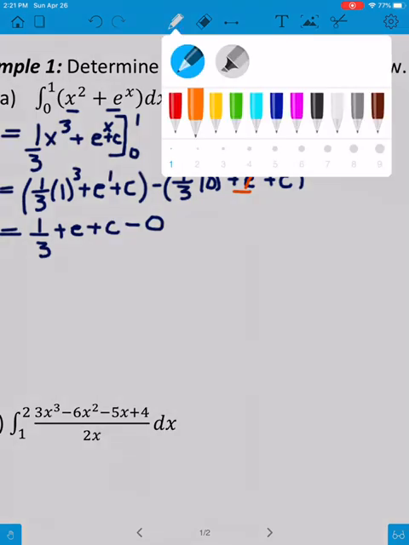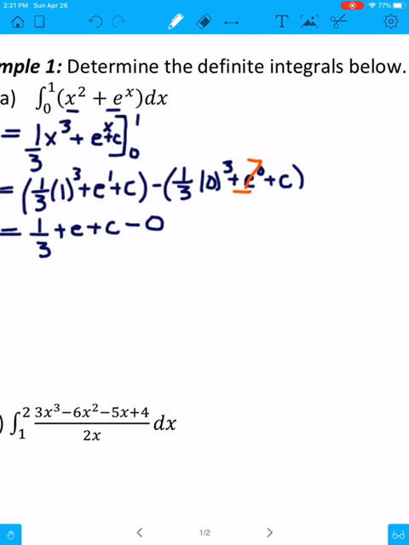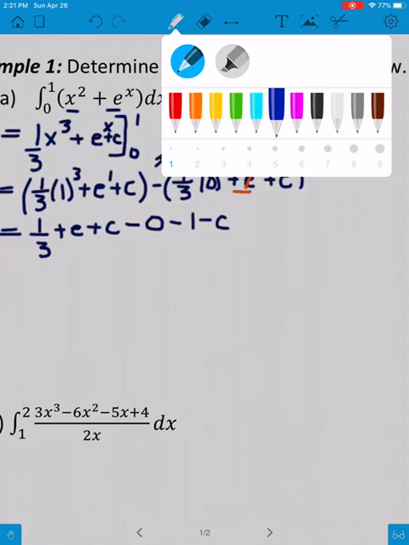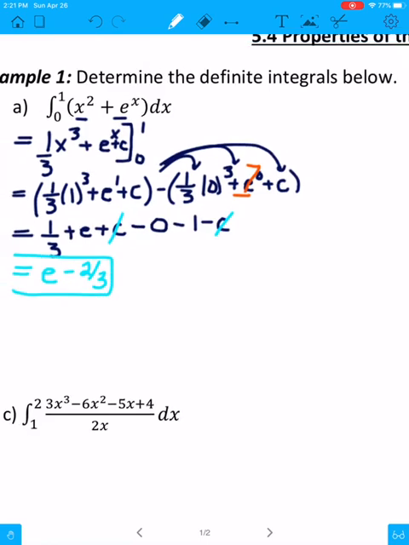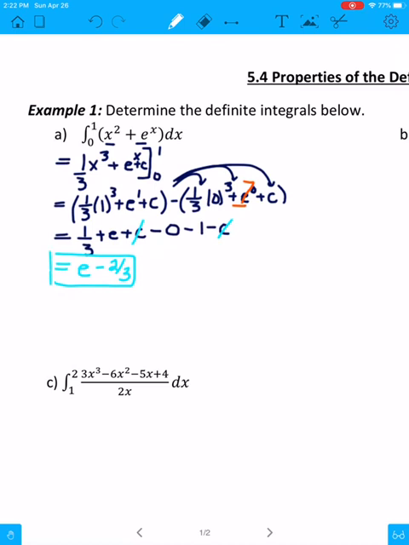So we get minus a positive 1, because remember we have to distribute, so it's minus 1 minus c. The c's cancel, and I'm left with e, and then 1/3 minus 1 is minus 2/3. And that's my answer. So the answer to this integral is e minus 2/3, technically.